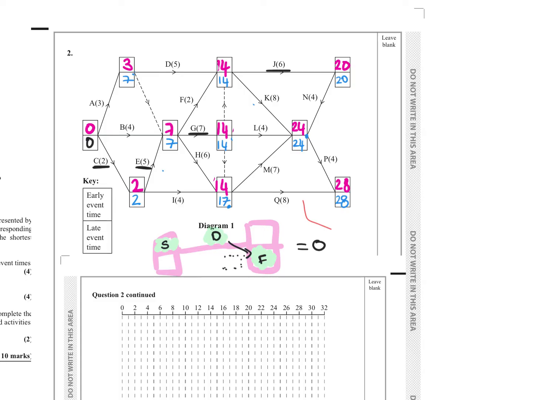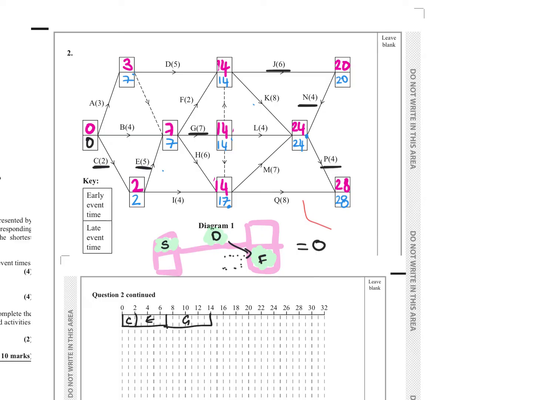So now if we have a look, 14, 6 and 20, 6. Then we go down, N and P. So we can see all of our critical activities here, okay? So, 0 to 2, this is C, and then 2 to 7 is E, and then 7 to 14, what is it?